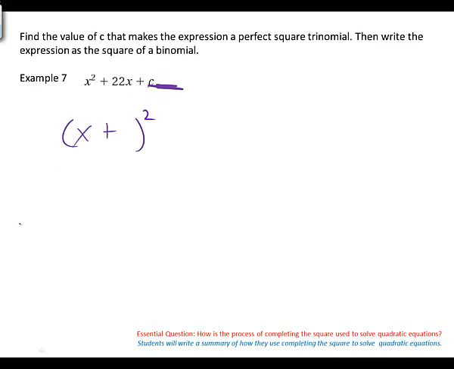So, Caleb, what do I need to do first? Divide by 2, and what'd you get? 11. Good. All right, and then Andy, what do I need to do next? You have to square 11. Square 11, and what do we get? 121. Perfect.